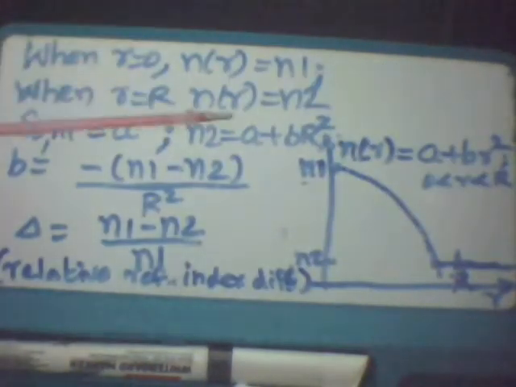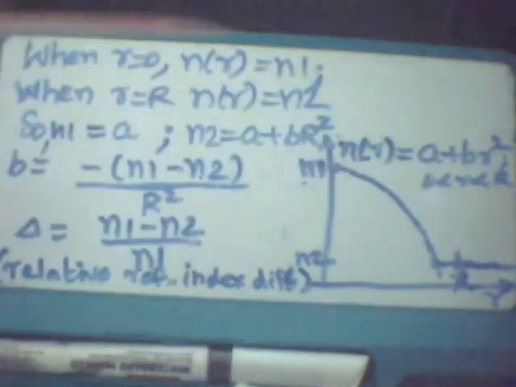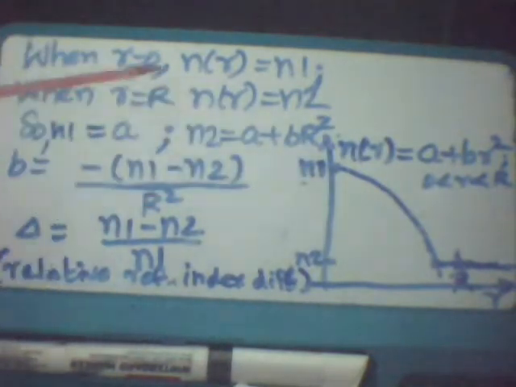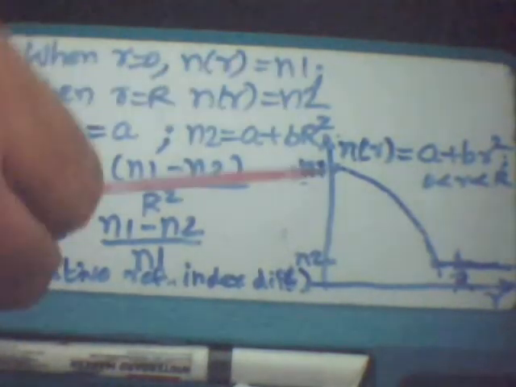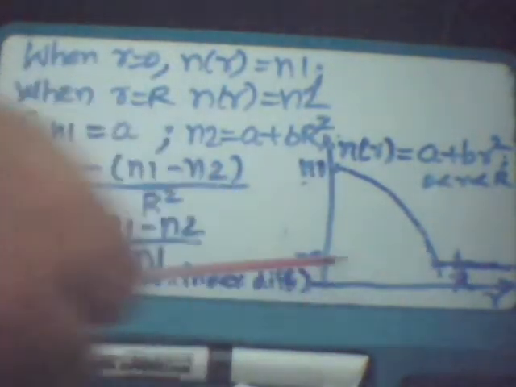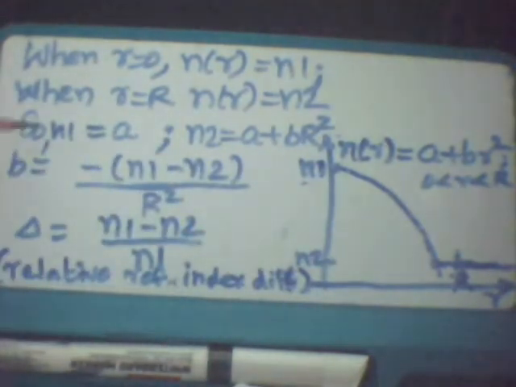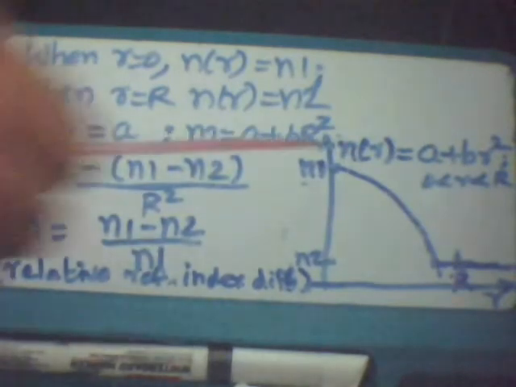We have the expression for the truncated parabola, n of r is equal to a plus b r squared for 0 less than small r less than capital R. So when r is equal to 0, n of r is equal to n1, and when r is equal to R, n of r is equal to n2. So we can see that n1 will be equal to a from the expression.